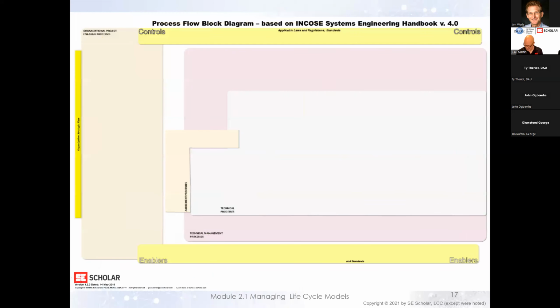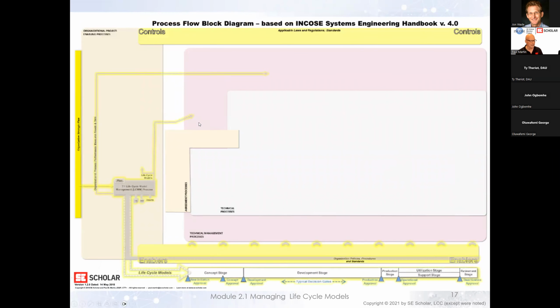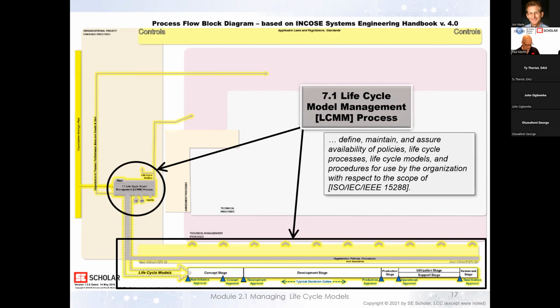Remember, I started blank, and then I started getting into each process. And what I covered, let me pull this up so you can see it, and we'll open it up for questions.